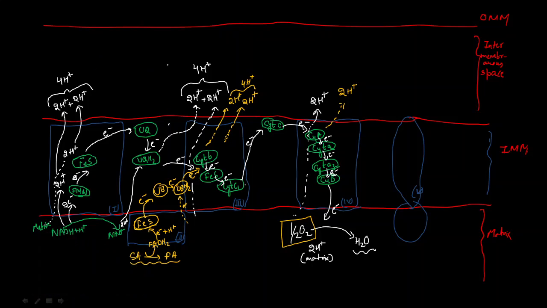Here in the intermembranous space of the mitochondria, the proton concentration is getting very high. All the protons are getting released into the intermembranous space, pulled up from the matrix. So in the matrix there is a low concentration of protons.